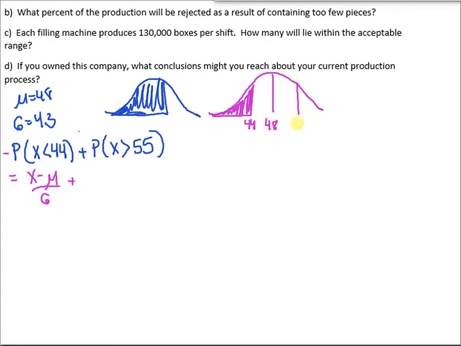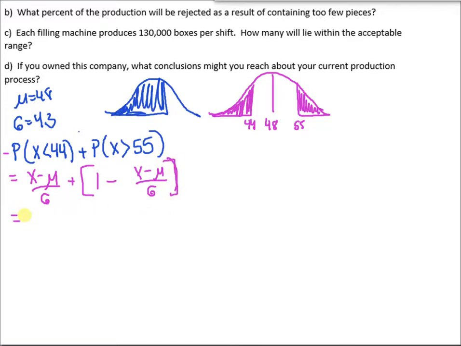We also want to reject 55 and above. For this one, we take 100%, or 1, and subtract the probability from 55 and below. So this is 1 minus X minus mu over sigma.